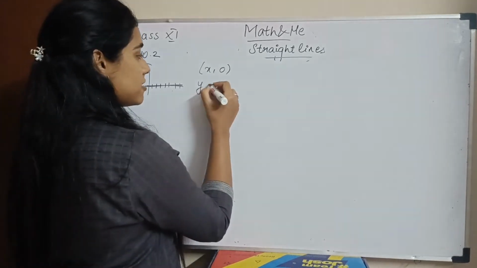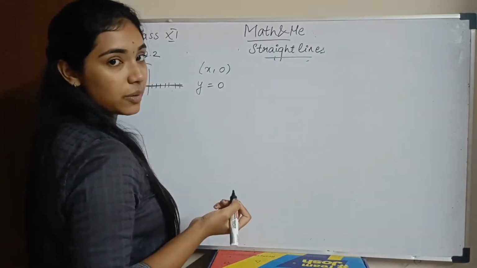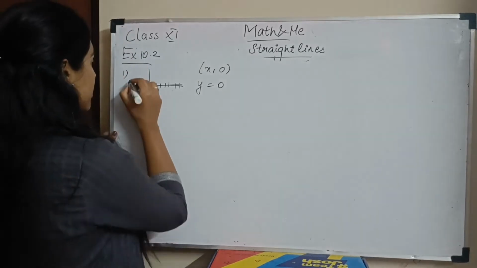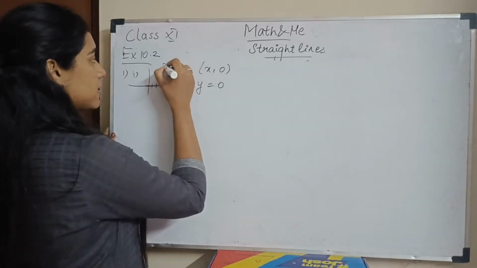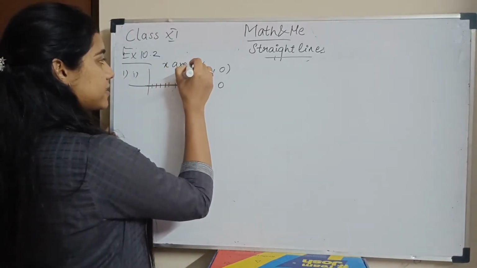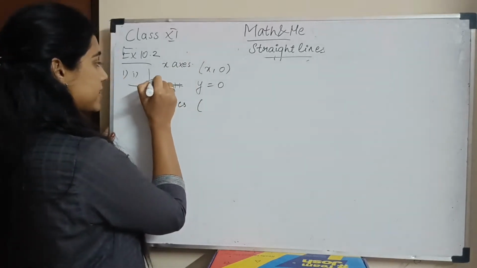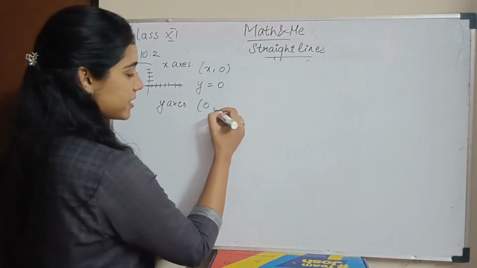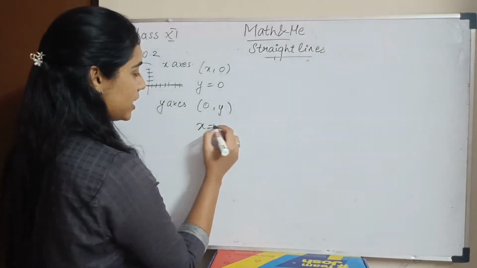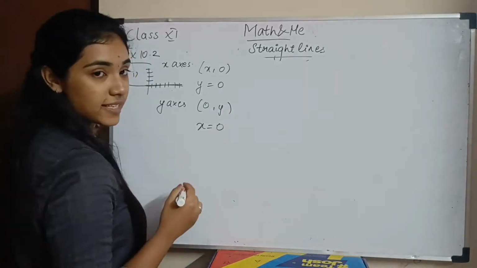So what is the answer? y equals 0 is the equation. This is for the x-axis. For the y-axis, the y value keeps changing but the x value remains constant. So the equation of the y-axis is x equals 0.